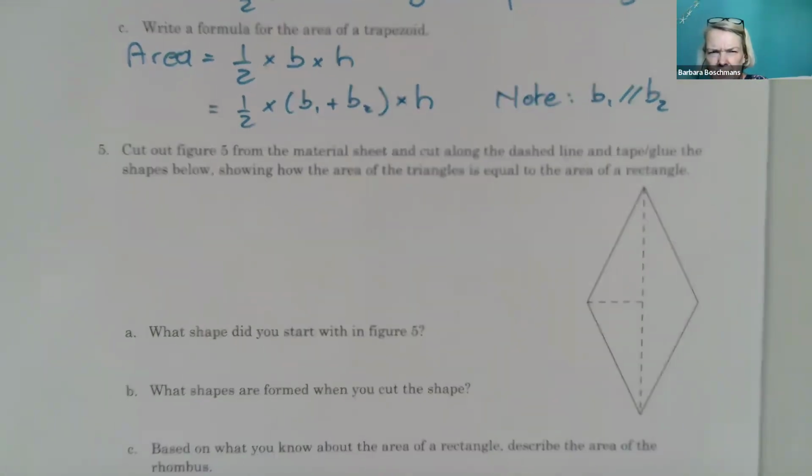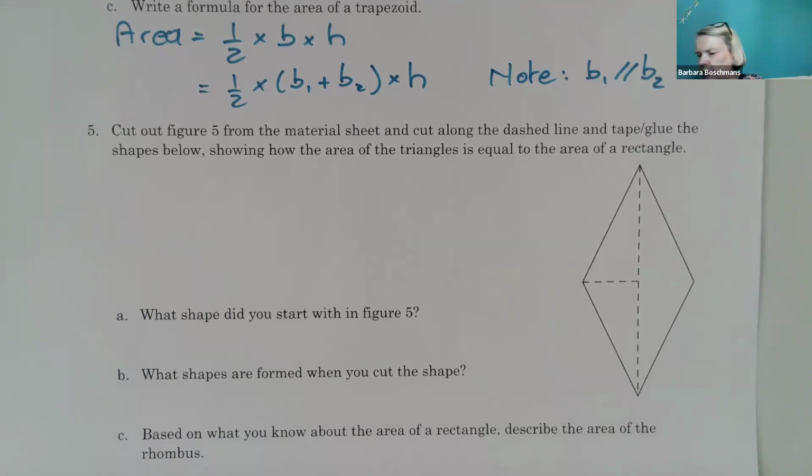Here's number 5. So go back to the cutout. And this is a rhombus. So we're going to cut out our rhombus, and again, on the dotted lines as well.